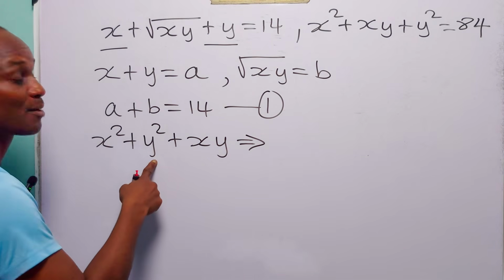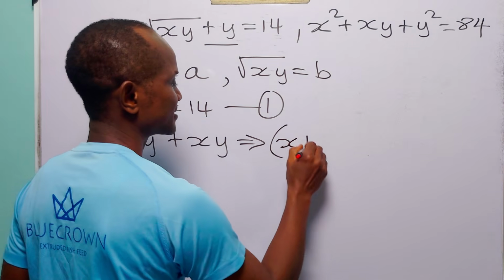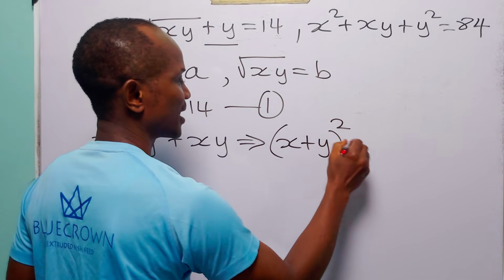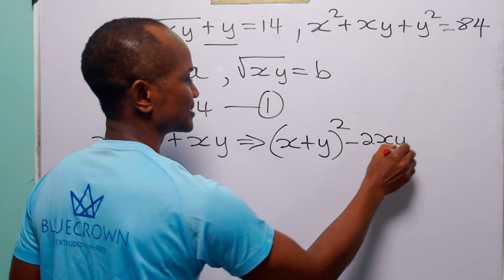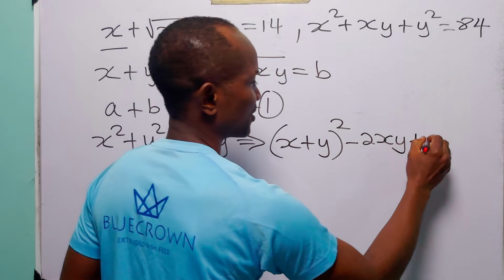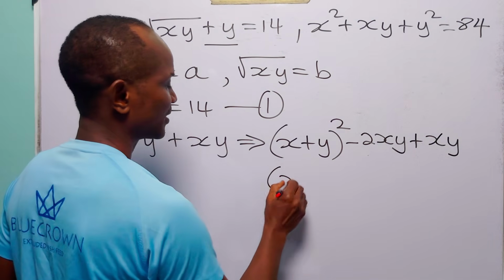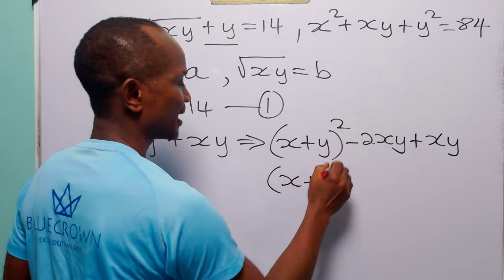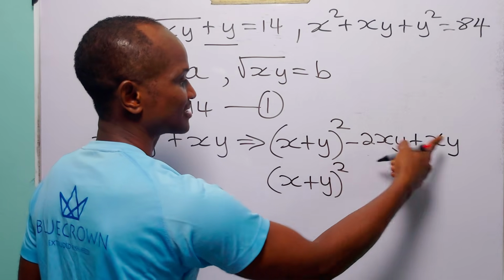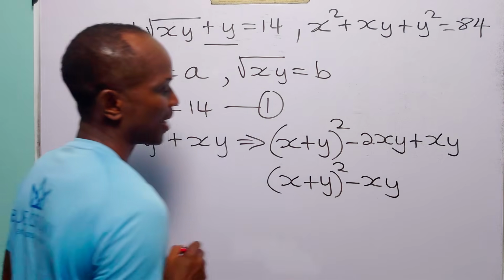Now, x squared plus y squared can be written as (x plus y) squared minus 2xy. And then we have xy, so plus xy. Now from here we have (x plus y) squared minus 2xy plus xy, which gives us minus xy.